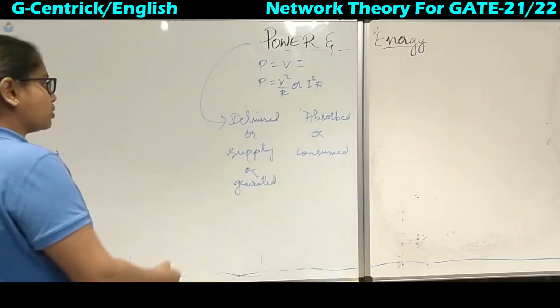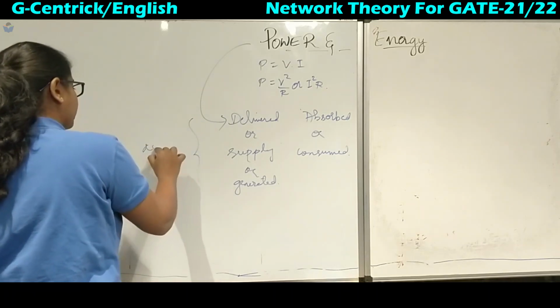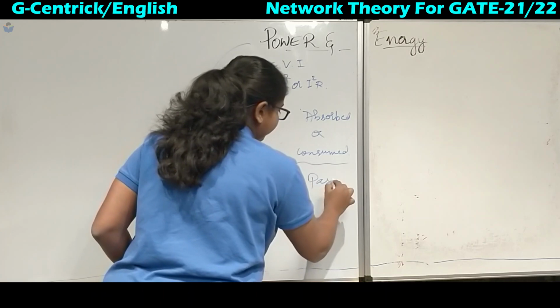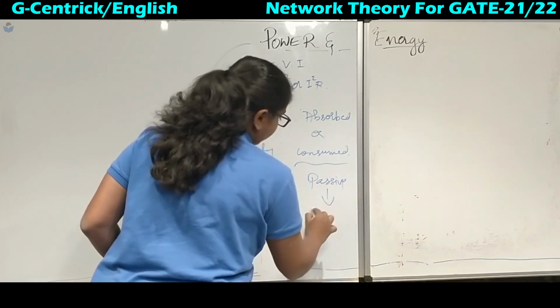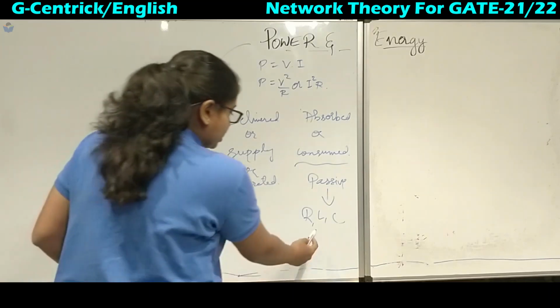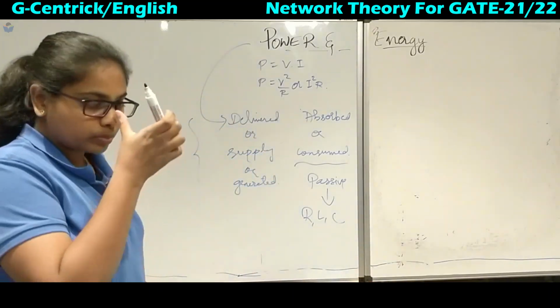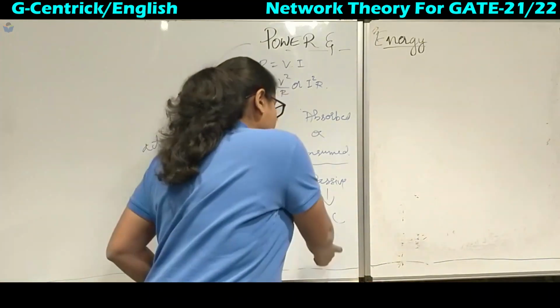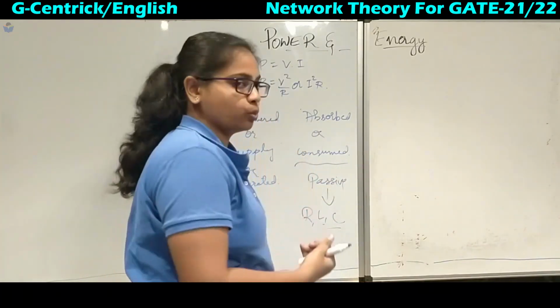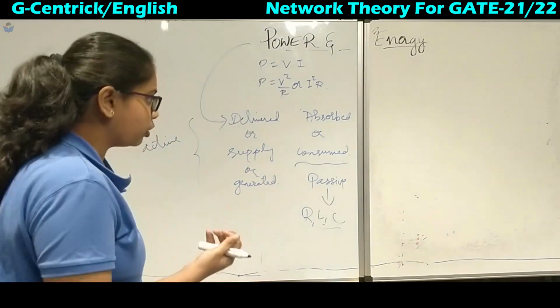Delivered and supply deal with the active sources, and absorbed deals with the passive sources. Basically we have three types of fundamental passive elements, that is resistors, inductors and capacitors. There are many other passive elements also, but these are the three, and they always consume energy, or power.